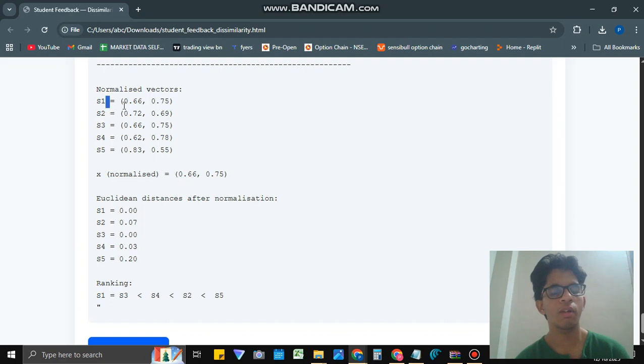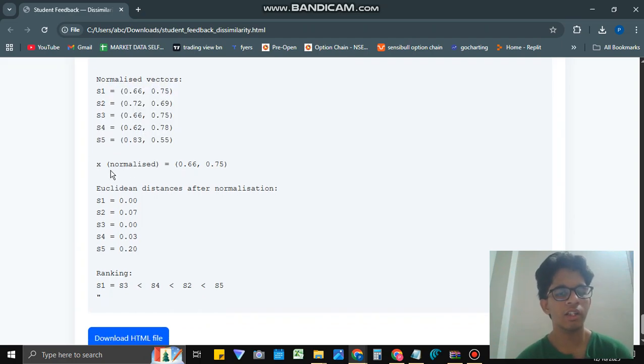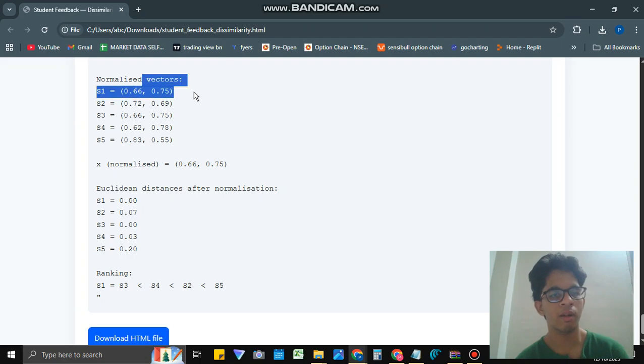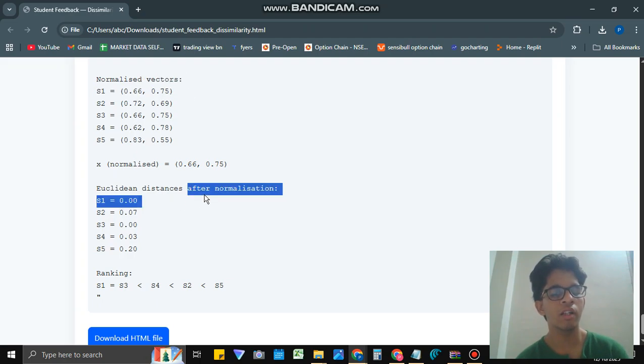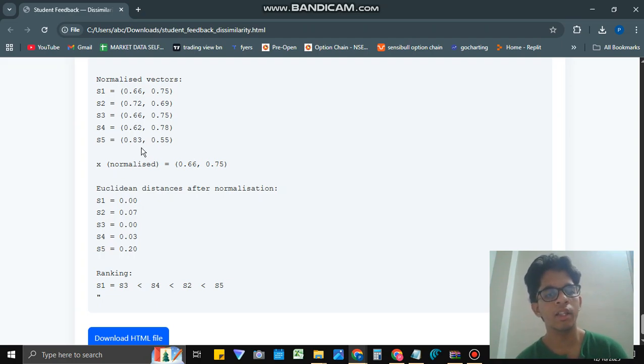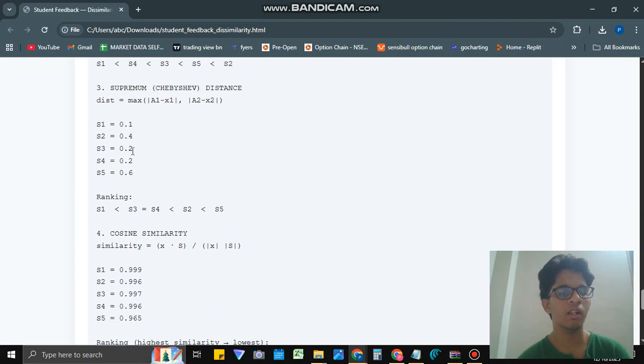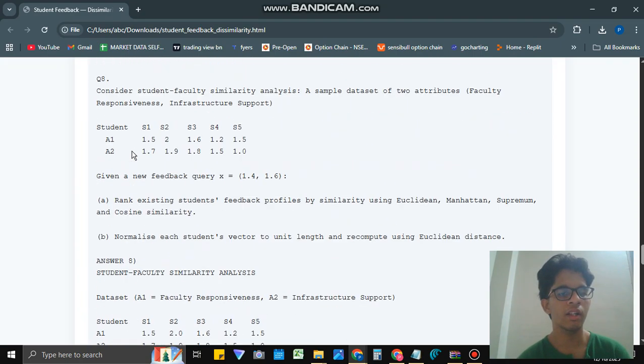The normalized vectors are these, and the normalized x point, which is the new feedback query, will be this one. Then we calculate Euclidean distance after normalization. Normalization is basically removing the mean and variance from the data points, which is what we have done here by calculating the mean and variance from this dataset.